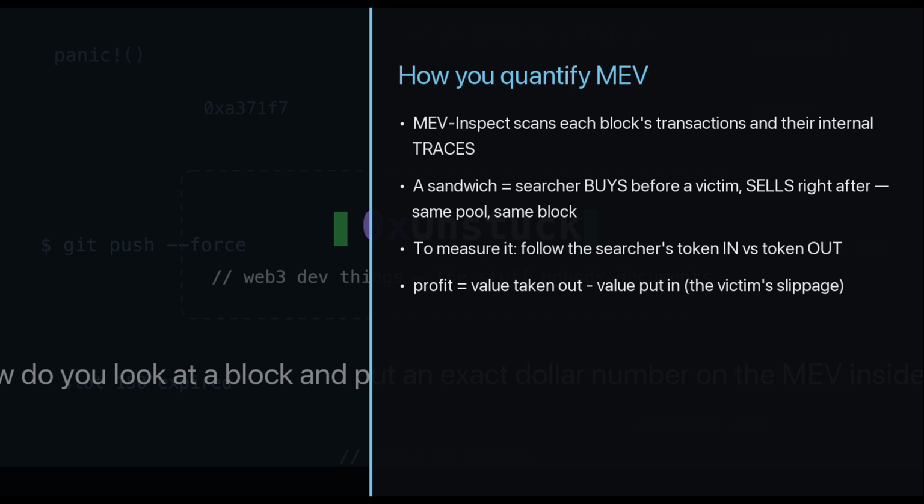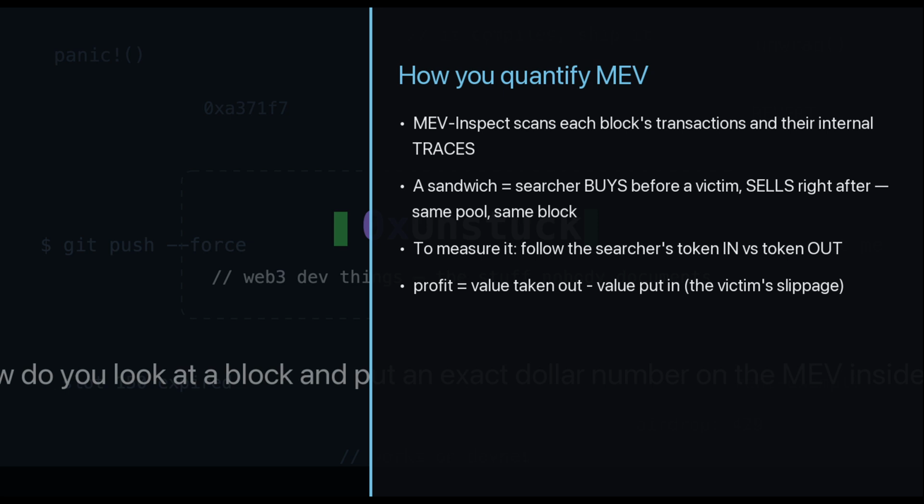A searcher buys a token right before a victim's big swap, which pushes the price up, lets the victim buy high, and then the searcher sells right after into that inflated price, all in the same block on the same pool. To put a number on it, you don't need to guess, you just follow the searcher's money. How much it put in on the front run, how much it took out on the back run. The difference is the profit, and it comes straight out of the victim's slippage.